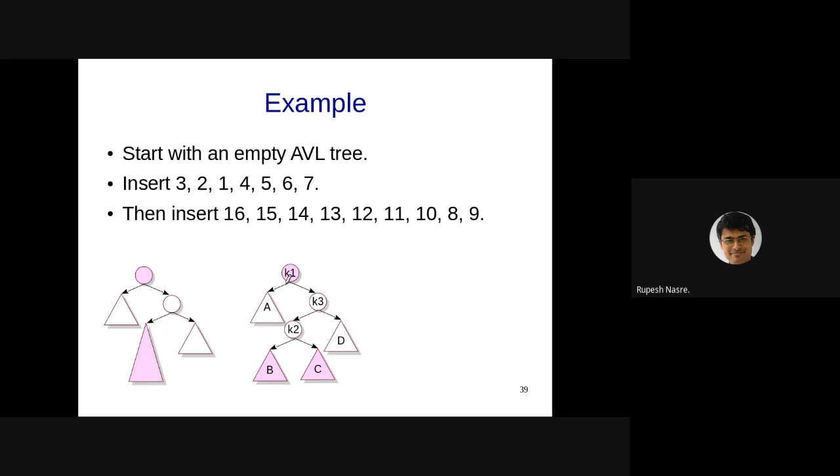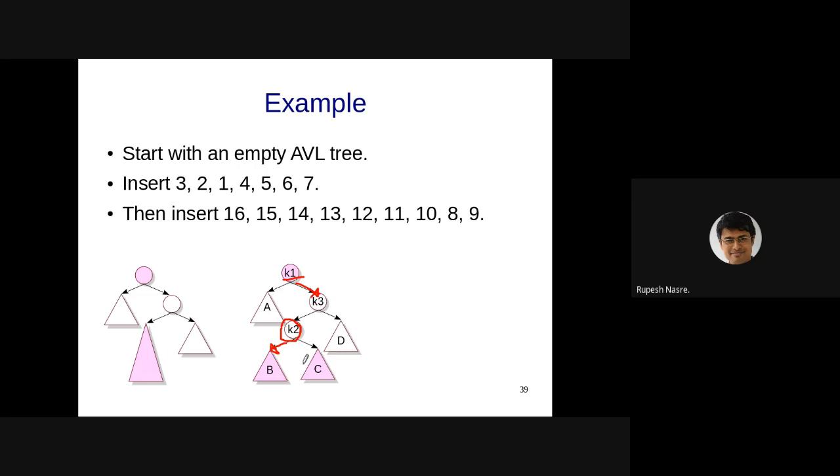In this case, we'll require one more, K3. K1 is the one where the height imbalance exists, and it is happening in its right subtree, whose root is K3, because of the addition of some node in the left. And let's say that the root of that is K2.